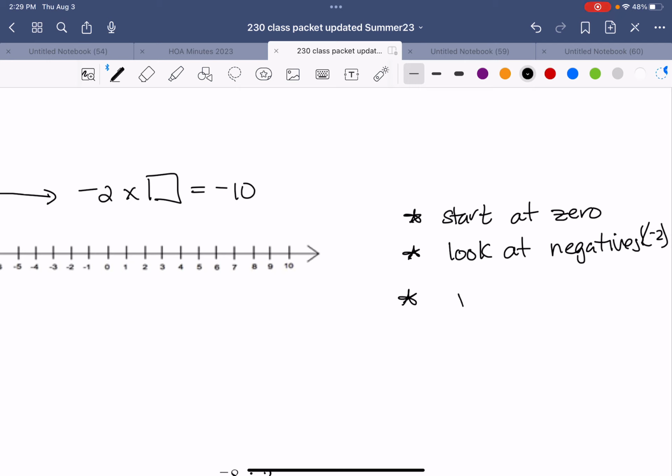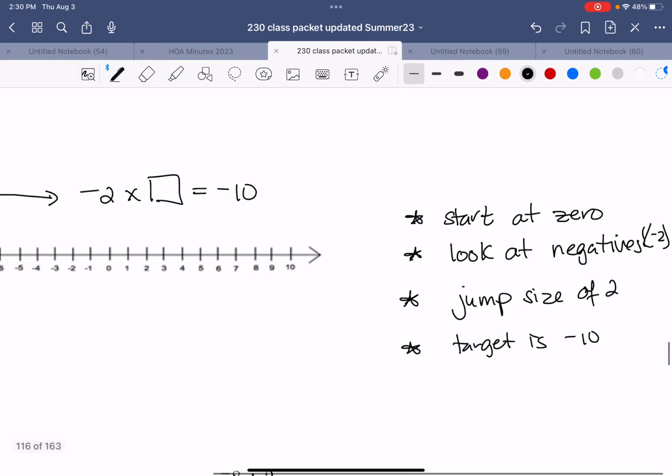We are going to have a jump size of 2. And my target is -10. Okay, and that's everything that's coming from here. That first number tells you where to look and what your jump size is. The number it's equal to, the answer to the multiplication problem, is your target.